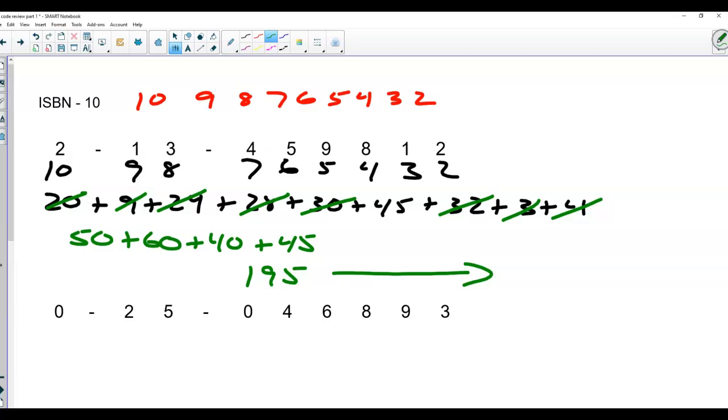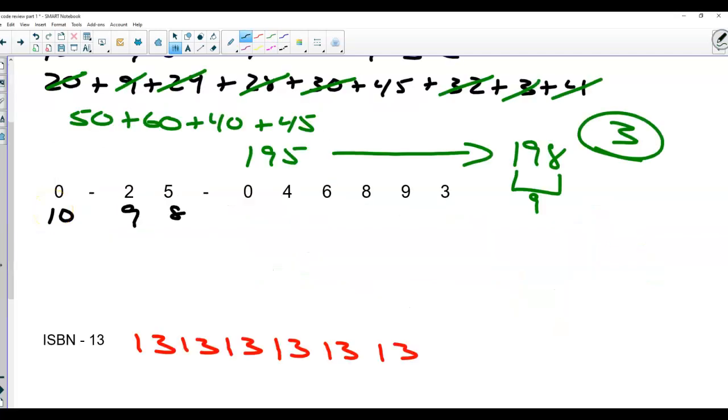And you can do this by starting at 195, dividing by 11 in your calculator. It doesn't work. 196 doesn't work. 197 doesn't work. 198 is going to work. The outside two numbers sum is the middle number. Keep trying numbers until it works. And then my check digit is going to be 3, because that's what I need to add to 195 to get to 198.